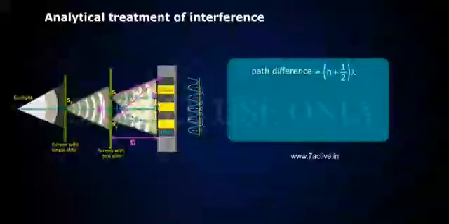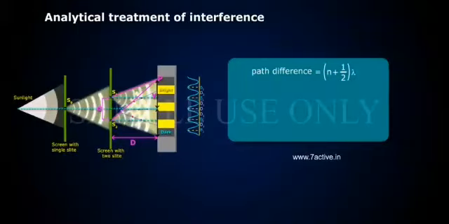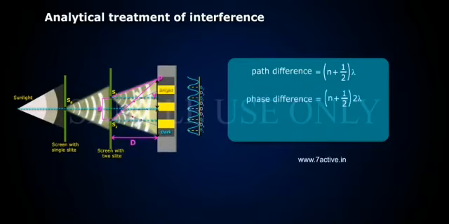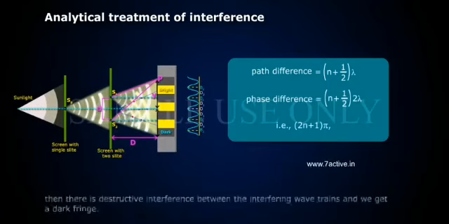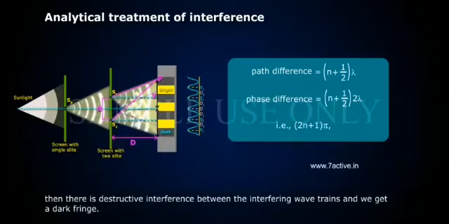If the path difference is equal to (n + 1/2)λ, or the phase difference is (2n + 1)π, then there is destructive interference between the interfering wave trains and we get a dark fringe.